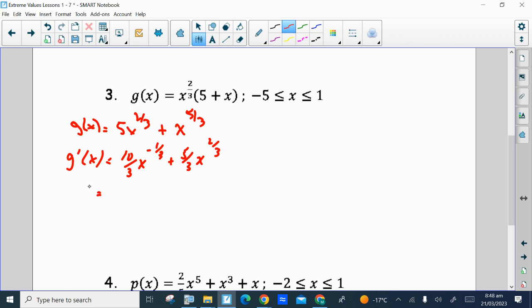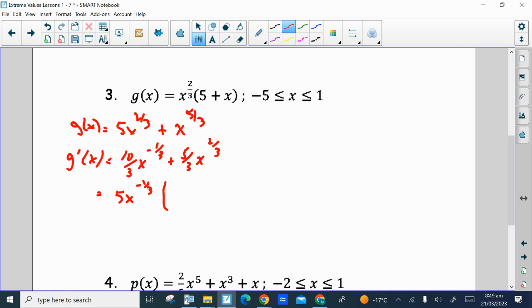Now we can simplify this a little bit by factoring. I'll take out a common factor of 5x to the negative 1/3. You see, if you look at the coefficients, both of those numerators are divisible by 5. And remember, when you're looking to take out a common factor of a power, you take out the power that has the smallest value, which is negative 1/3. Right?